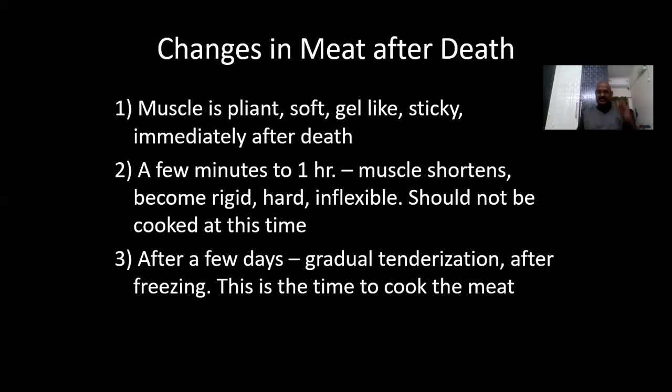Immediately, it cannot be cooked. You need to rest the meat after killing the animal. The fibers, muscles, and blood cells are gradually relieved and tenderized after a few days. This is the time to cook the meat.